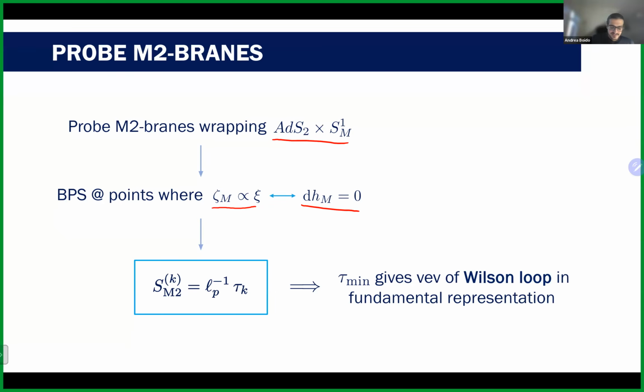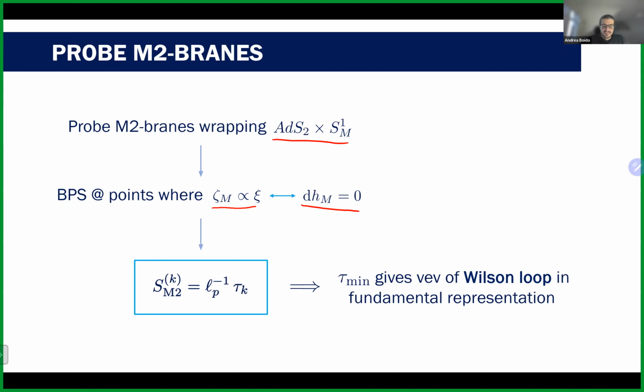Essentially, if you interpret these M2 branes when you reduce to type IIA, they become fundamental strings because now they're wrapping the M-theory circle, and their action is also supposed to give you the dual of the value of a Wilson loop in the fundamental representation.